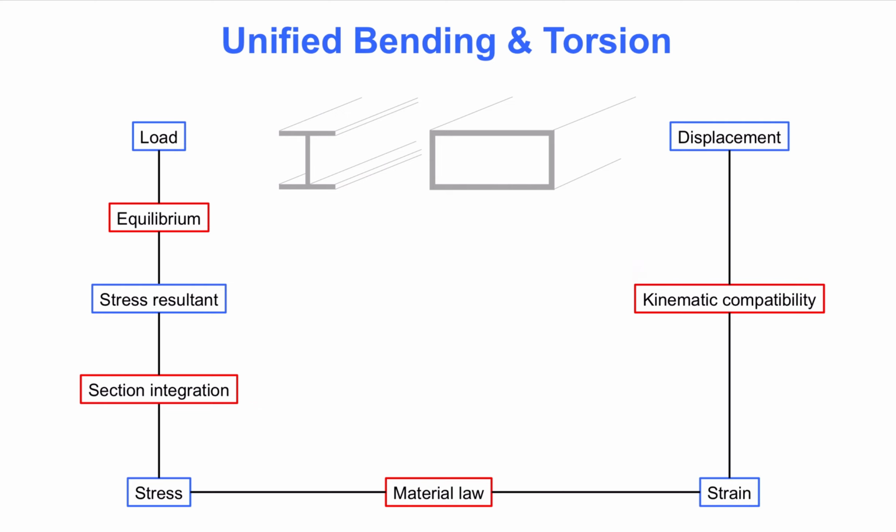The derivations will actually establish a unified theory for bending and torsion of thin-walled cross-sections. The theory is named after a person named Vlasov. Because warping torsion and beam bending are both formulated in terms of axial stresses, it is possible to combine the two theories. The omission of shear deformation in Euler-Bernoulli beam theory is carried over to the warping theory that is presented next.